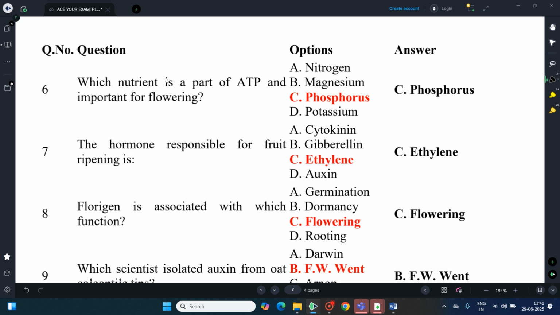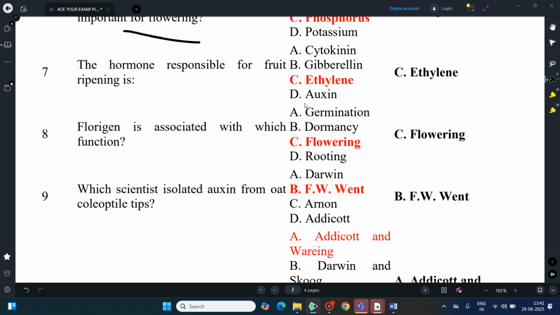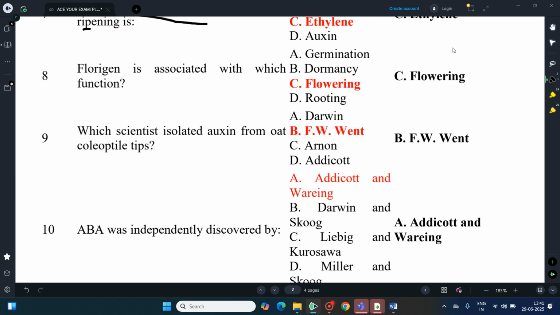Next question, which nutrient is a part of ATP, that is energy production, that will be important for flowering? Phosphorus is the correct answer. The hormone responsible for fruit ripening is ethylene, correct answer.